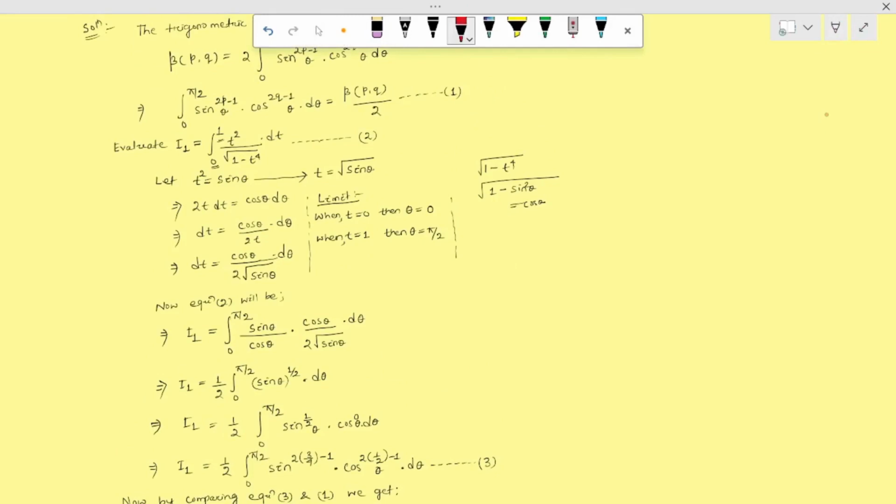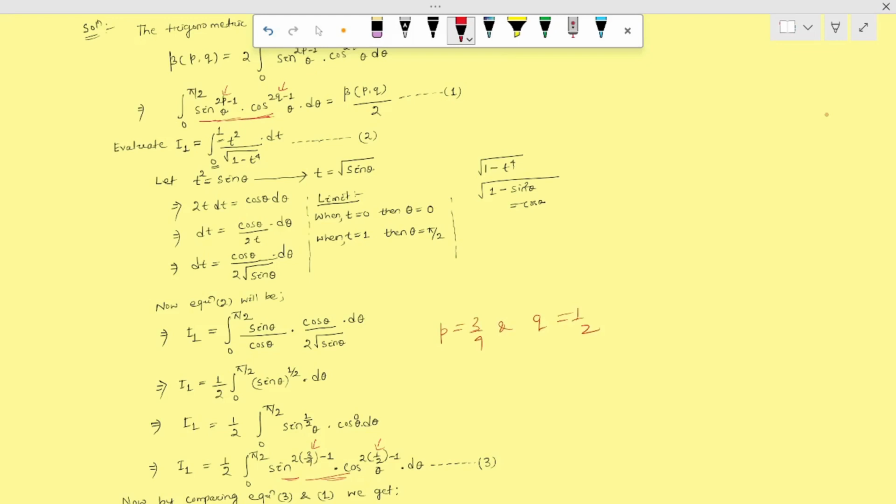Here the power of sine is 2p minus 1, the power of cos is 2q minus 1. Here the power of sine is 2 into 3 by 4, and the power of cos is 2 into 1 by 2. So if I compare this integral in equation number 3 with this integral of equation number 1, then what we find? P is 3 by 4 and Q is 1 by 2.